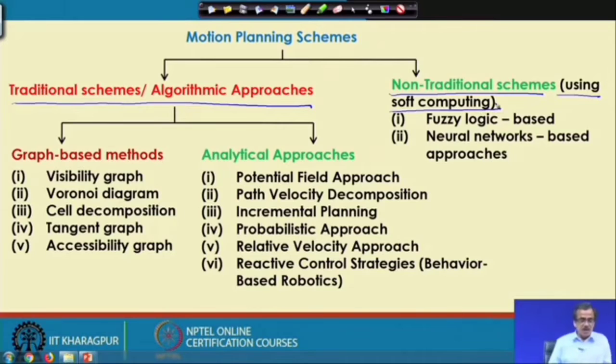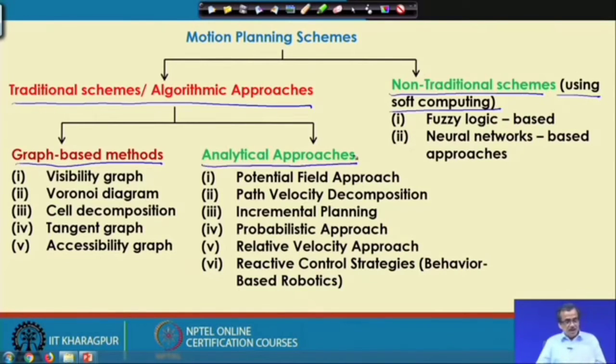The traditional schemes are also known as algorithmic approaches. Those are once again classified into two subgroups: one is called the graph based techniques, and we have got the analytical approaches.